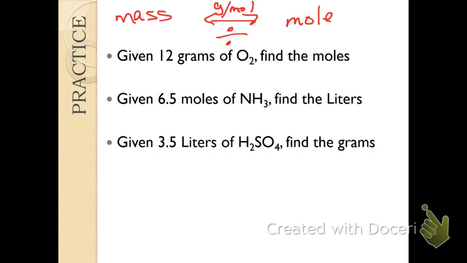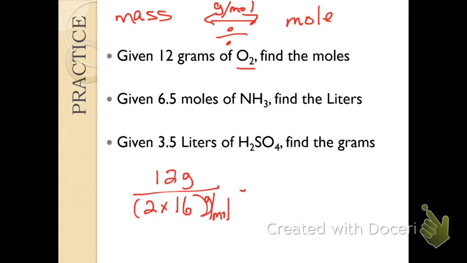It tells me that the mass of O2, for 2 oxygens, is 2 times 16. So I need to divide 12 grams by the mass of O2, which is 2 times 16. That's the molar mass of a molecule of O2, and that's grams per mole. So my grams cancel out, and that's just me doing the units.